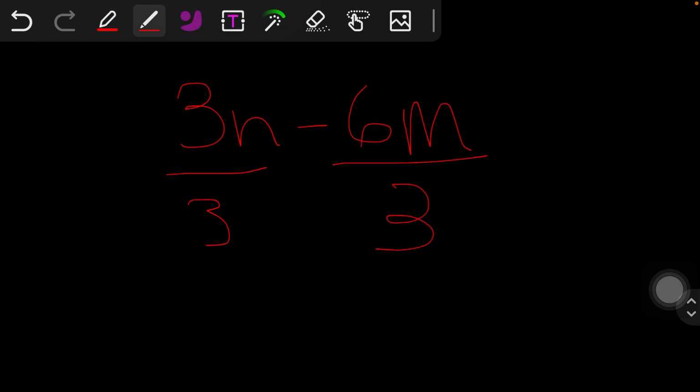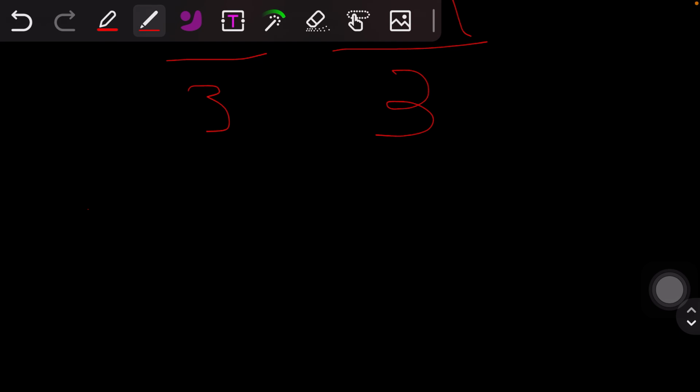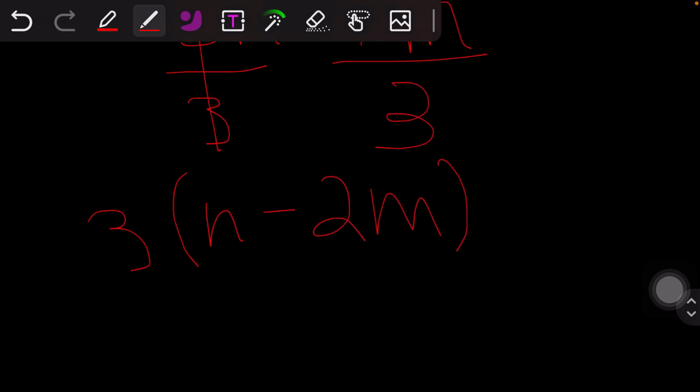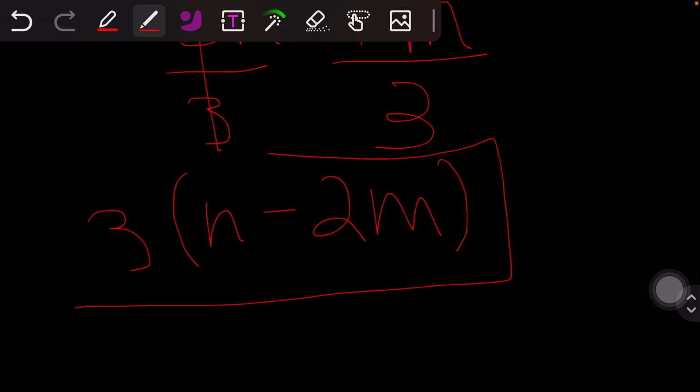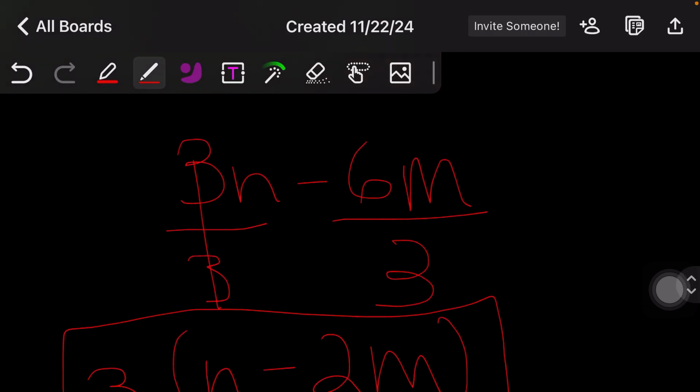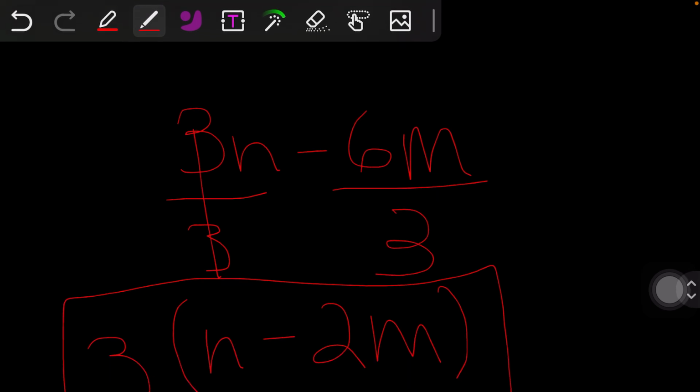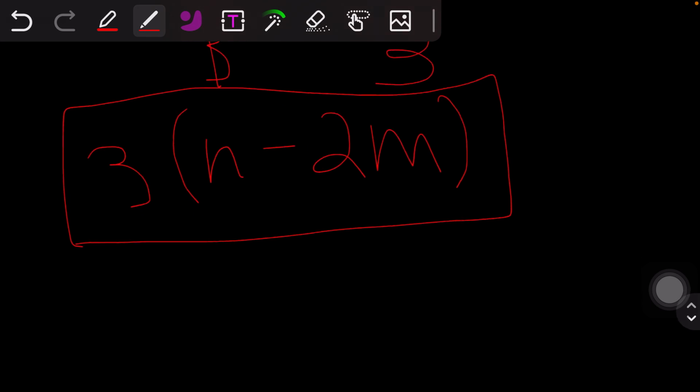We can take out the 3 in both of these terms, and when you take it out, you put that outside of a parentheses, if I didn't mention that. That's going to leave us with n minus 2m. This is what we multiply, and that is going to give us 3n minus 6m. All right.